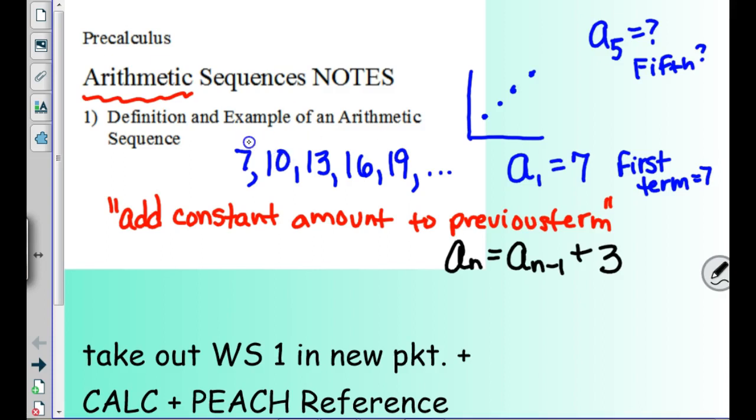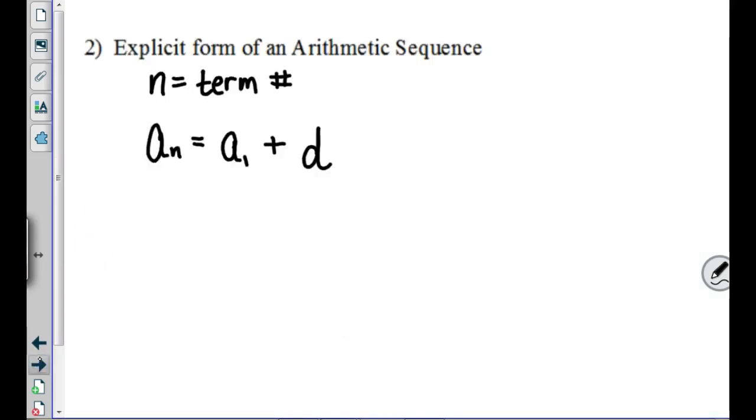So if I want the fifth term, 1, 2, 3, 4, fifth term, and the difference was 3, how many times did I add the difference to get the fifth term? 4, right? I only added it once to get the second term, 2, 3, 4. So the idea for this is that you add the difference one less time, so it's n minus 1.